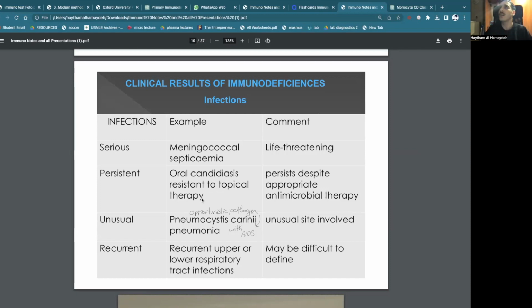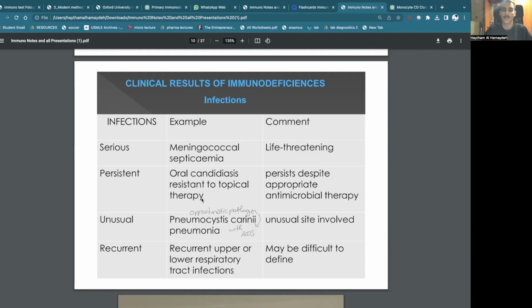Some other diseases that maybe they're exposed to: something that is persistent and is not able to get treated by antibiotics, such as oral candidiasis. Something that is unusual is the Pneumocystis carinii pneumonia.